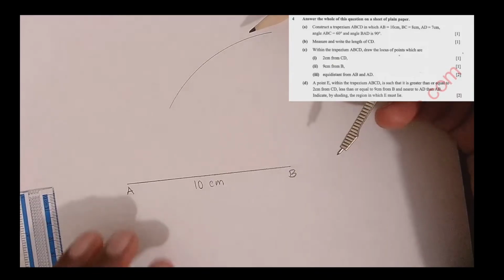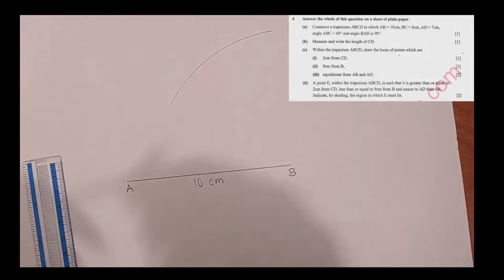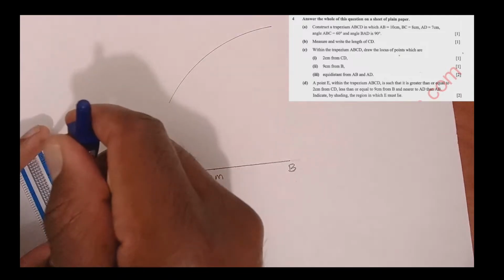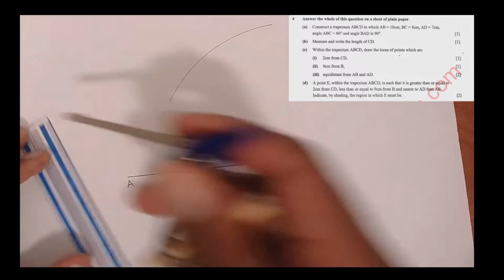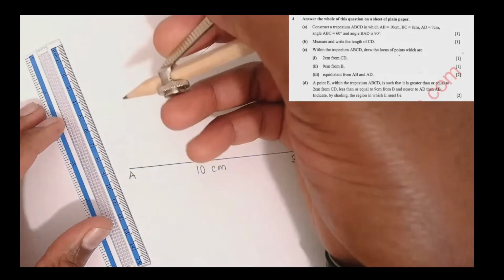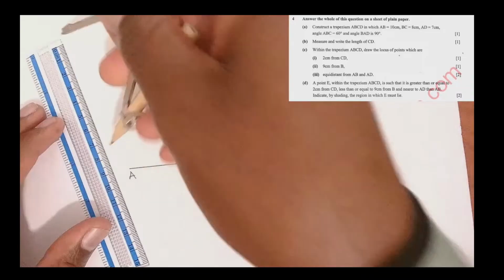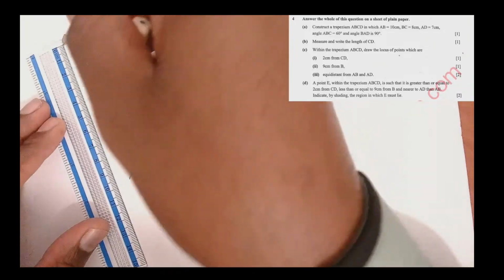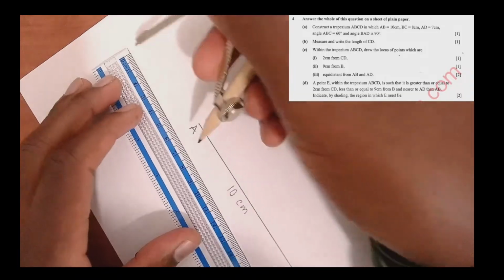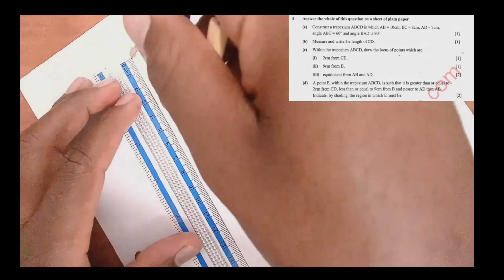Then AD is 7 centimeters. So this is 8. I just reduce it by 1 centimeter. So let's see. Oh, I need to put it right here. So I do that. So I just squeeze it a little bit. Okay, and then I do that. I need to squeeze it more. Okay, let me do this so that you guys can see. Okay, so let's see. This is my 0.